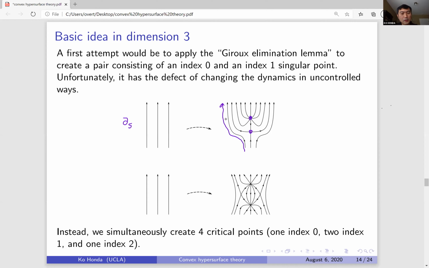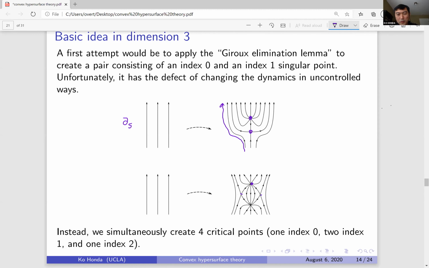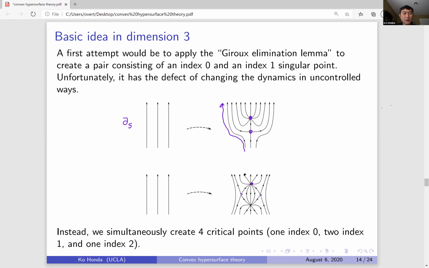On the other hand, what you can do is simultaneously create 4 critical points. One of index 0, a pair of hyperbolic points, and an elliptic one. If you simultaneously create something like this, then you have this interesting dichotomy.